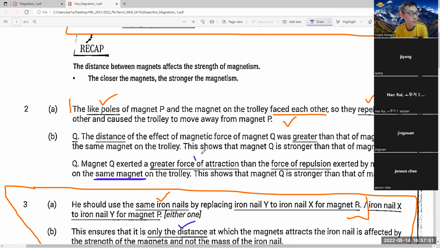They didn't change the magnet on the trolley. Similarly, I will save this and go back to the questions. If you need some time to write down, I can send that to you shortly.